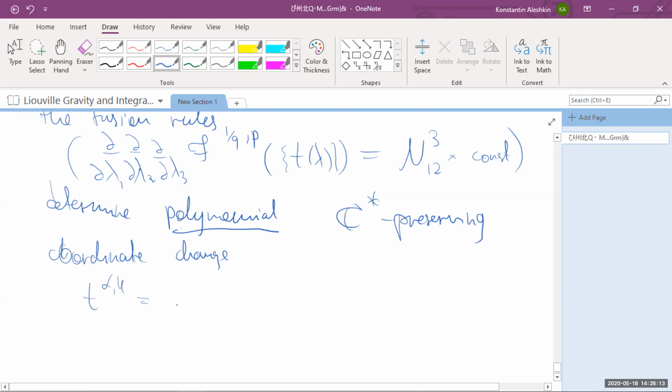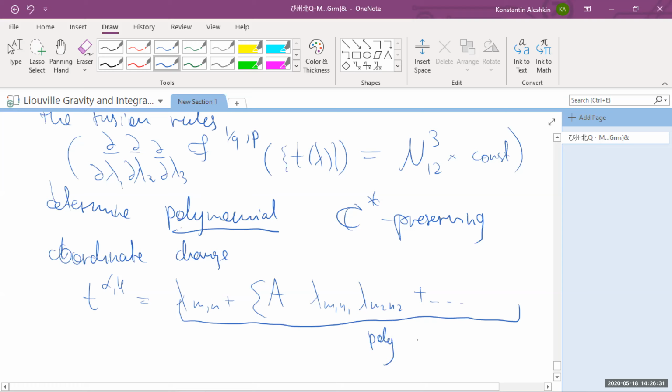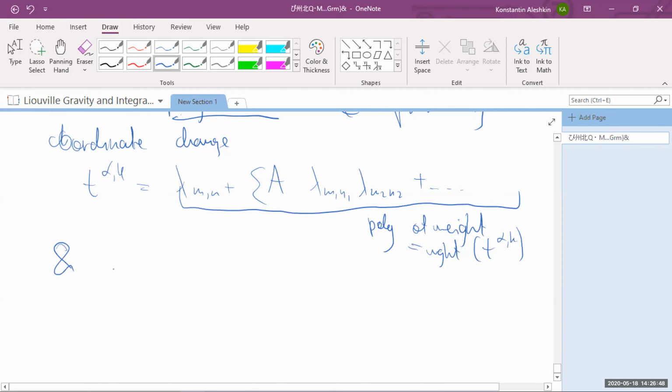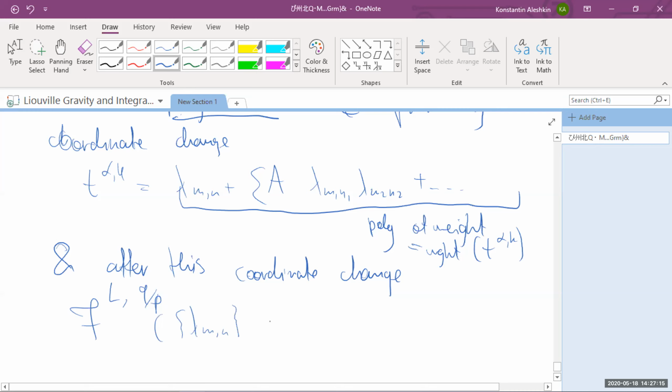So T alpha k is lambda mn plus some constant times lambda m1 n1, lambda m2 n2, plus etc. So the coordinate change between those guys is a polynomial of weight, so C* weight the same as the weight of the left hand side. And after this identification, after this coordinate change, these two sides coincide, up to 4 points on a sphere.